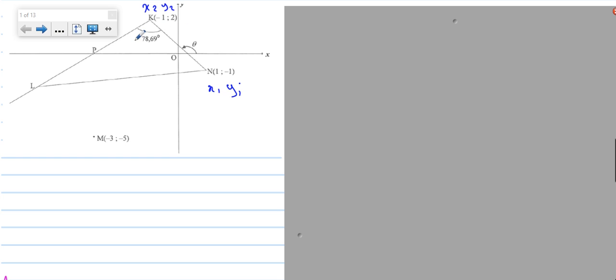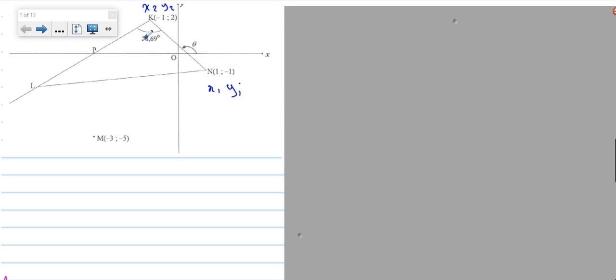So we were given a diagram with K being (-1; 2) and N being (1; -2), and there's a point L on KP extended, and you have a point M which is (-3; -5). That's going to be important for us for a later question.